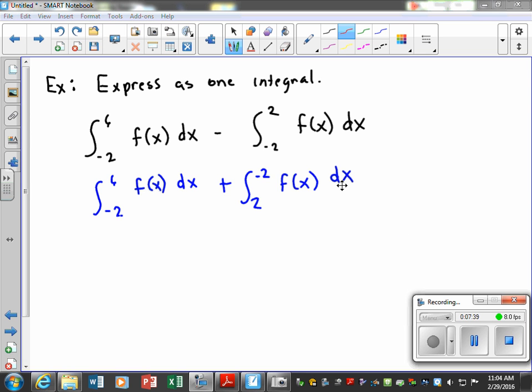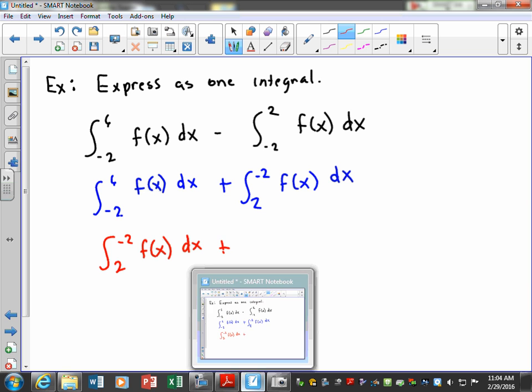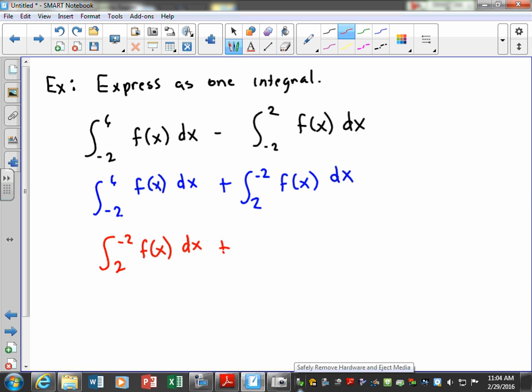So I'm going to put this one on my left, so 2 to negative 2 of f of x dx, and this is just writing and rearranging so that it fits. I'm going to put this one on the right, so negative 2 to 6 of f of x dx.